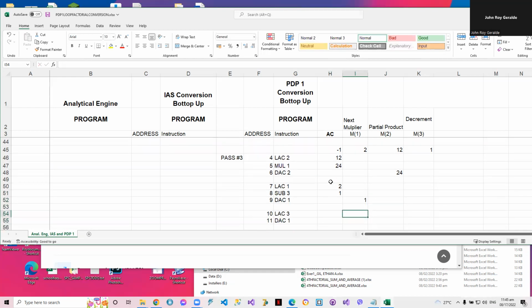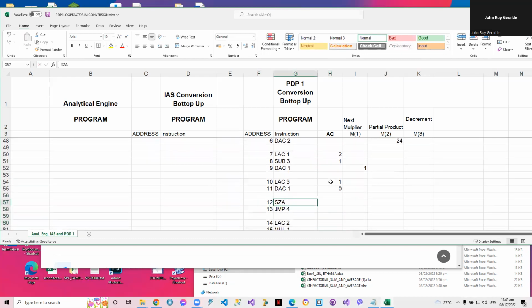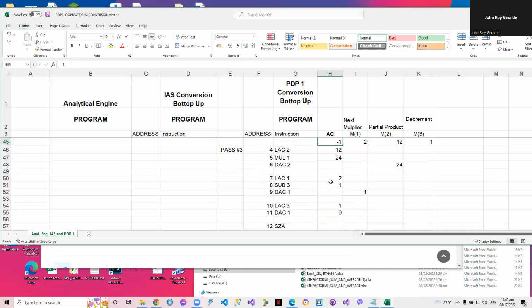And then we say LAC 3, so again, we prepare for the loop. And then DAC 1, 1 minus 1. This becomes 0. We follow? Now, since it's a 0, what will happen to the SZA? Skip on 0 accumulator. Since it's a 0 now, we will proceed here, where we do a LAC 2. LAC 2 means our partial product of 24.